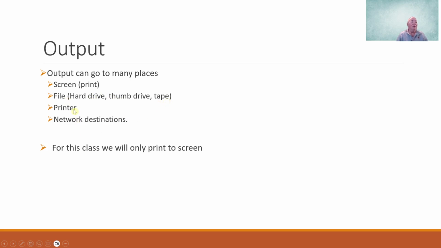You might want to send the output to a printer, or send it in a packet to someone else across the network in some form or fashion. These are all possibilities, and there are probably many more that I'm just not thinking of. But for this class, we're only going to be doing print to screen, so that's the only one you really have to worry about.